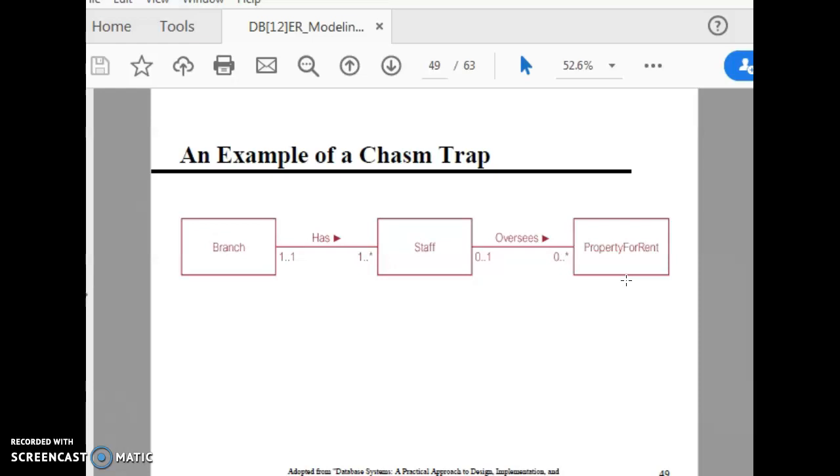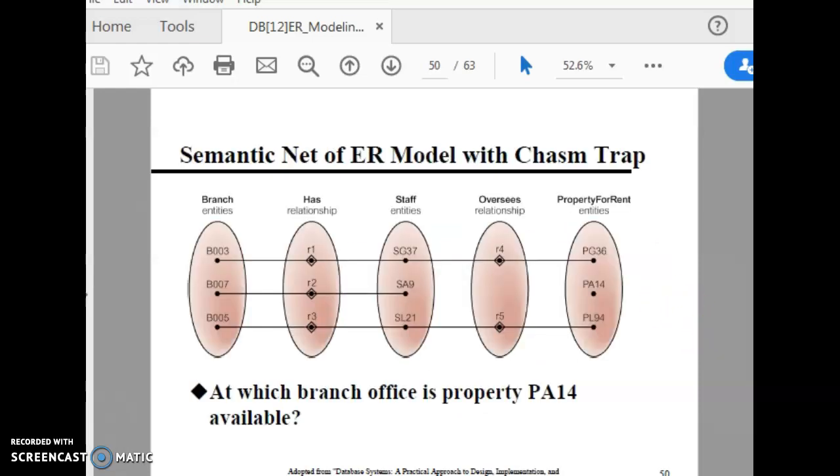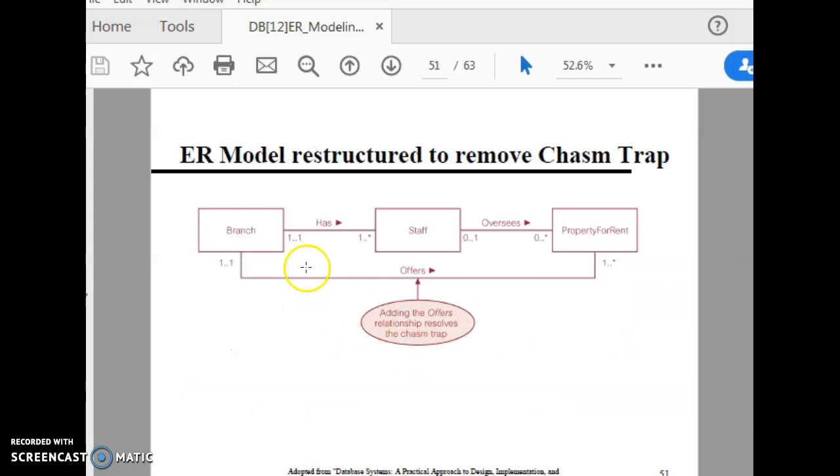To solve this problem, we need to identify the missing relationship, that is, an offers relationship to be added between branch and property for rent entities, like this.